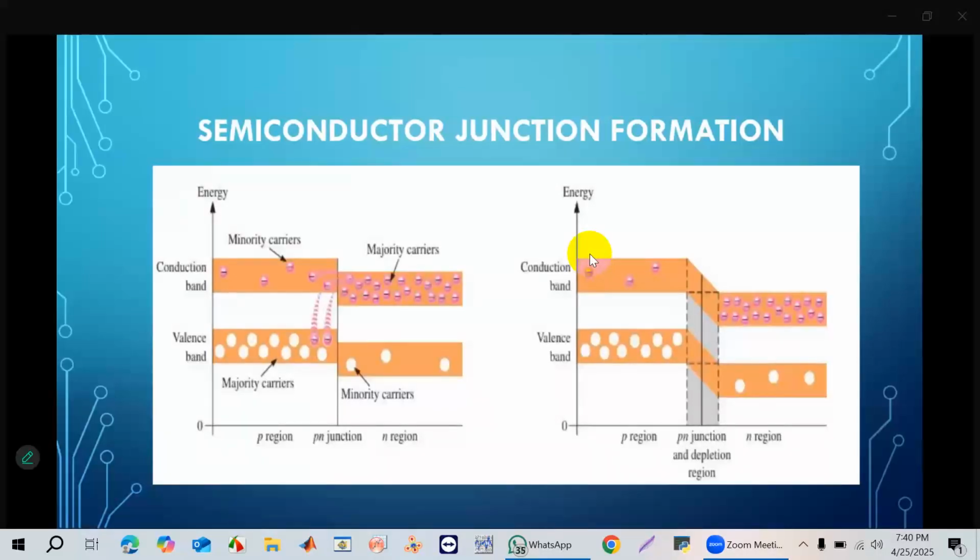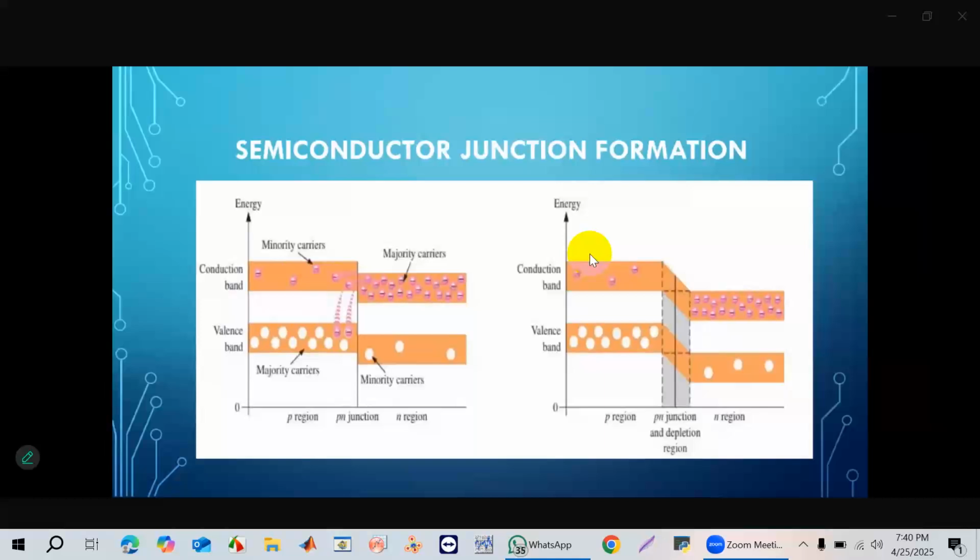But in this figure, we can see that the upper conduction band of n-type is close to the lower conduction band of p-type. That's why the electrons from the upper conduction band of n-type easily move to the lower conduction band of p-type, from here to here, from here to here.